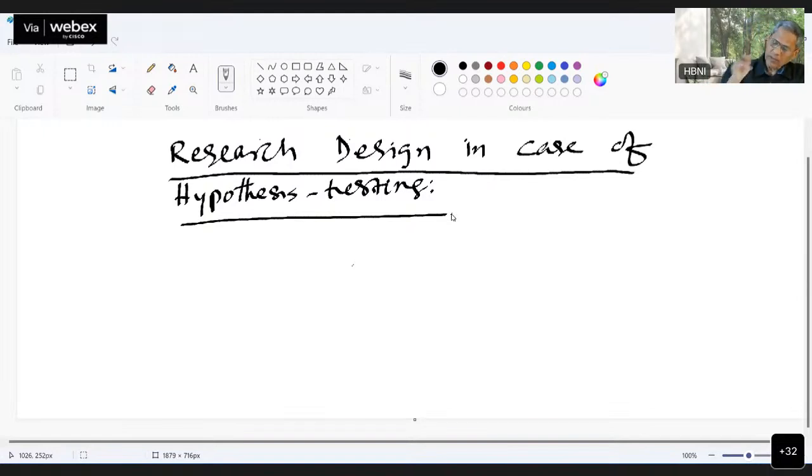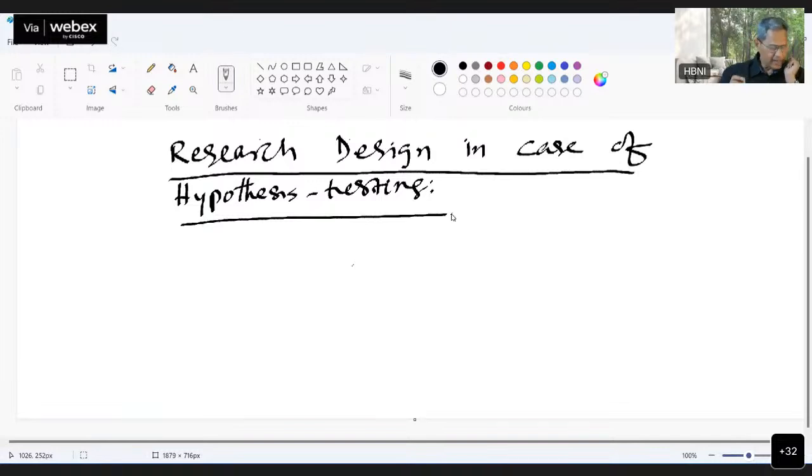So earlier we saw any hypothesis has one independent and one dependent variable. So in hypothesis testing research, you have to study the causal relationship between variables.